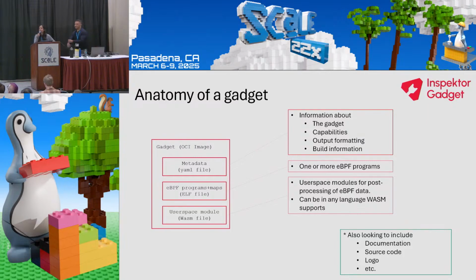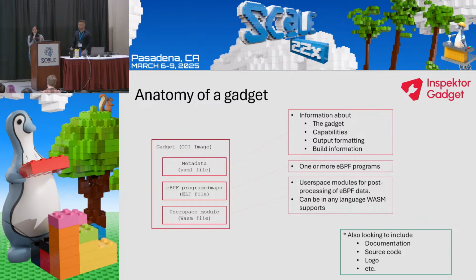We sort of alluded to this idea that the gadgets are what encapsulate the eBPF program, but we wanted to give you visibility into what exactly a gadget is and what makes up these gadgets. So like Jose mentioned, there is a YAML file in the gadgets, and that basically encapsulates all the metadata and important information about the gadgets: its capabilities, the output formatting like we chatted about earlier, build information.